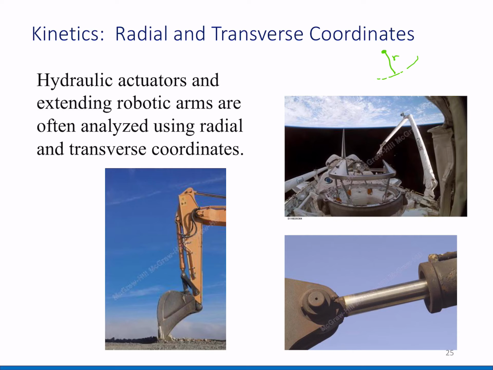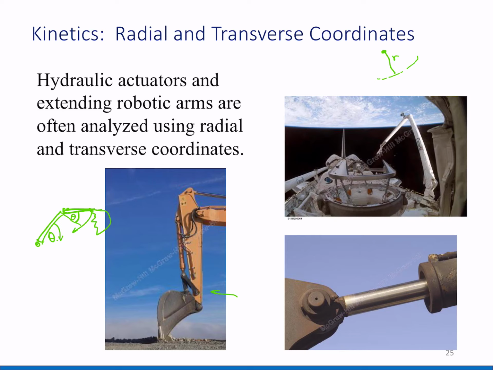First, for example, this is about hydraulic actuators. Have you ever seen this kind of machine before? We have an arm here. It can move like this, and it can also extend up and down, for example.